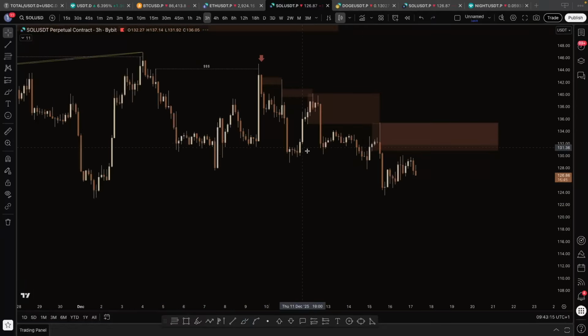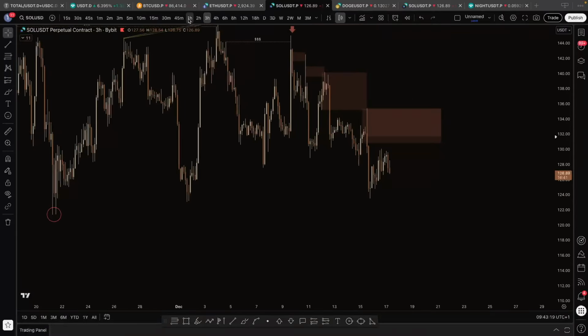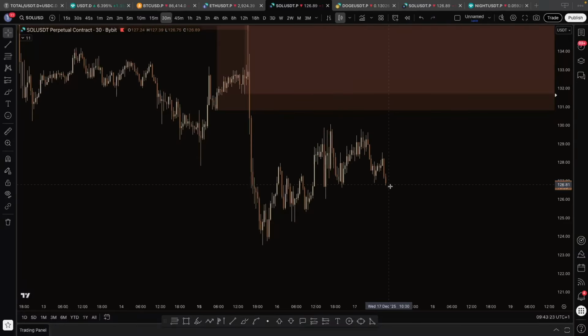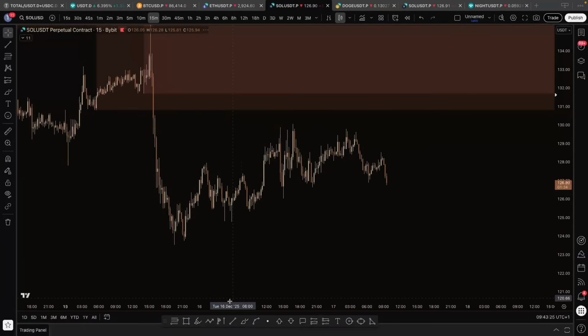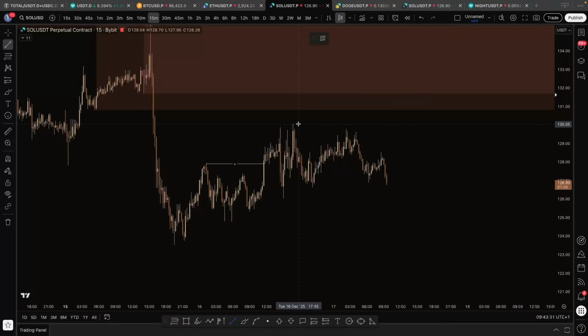When I go on the lower time frame, we didn't touch supply yet. We also didn't really form a distribution schematic. It was more exhaustion, like price had massive exhaustion right there, but you didn't even take out this high.